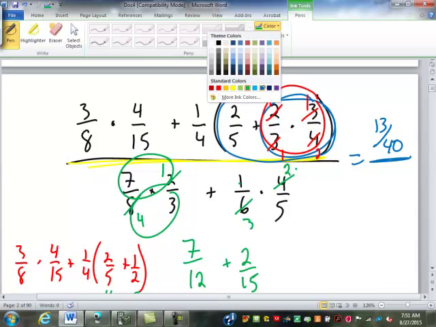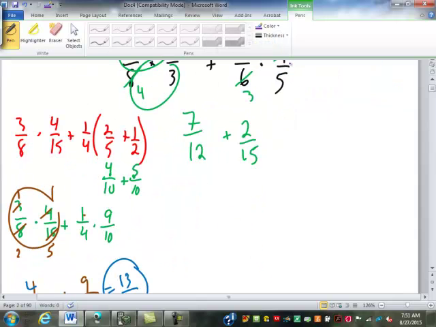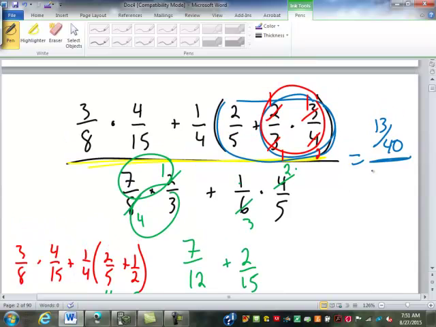And then common denominator will be 60. This is going to be 35, and this is going to be 8, 43, 68. So what we have is 13/40.